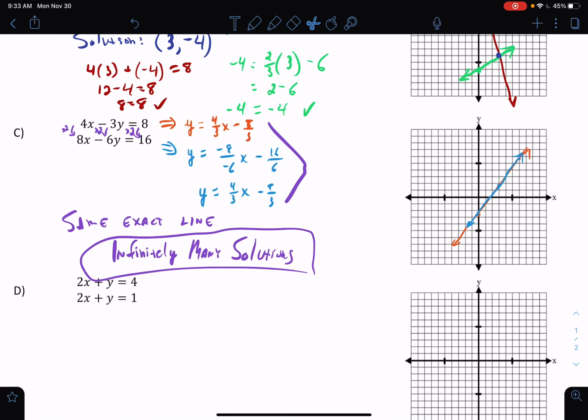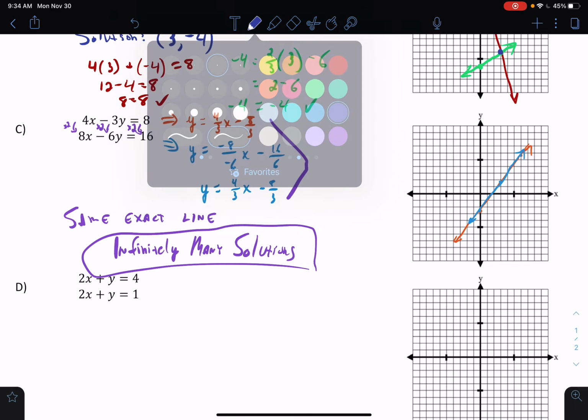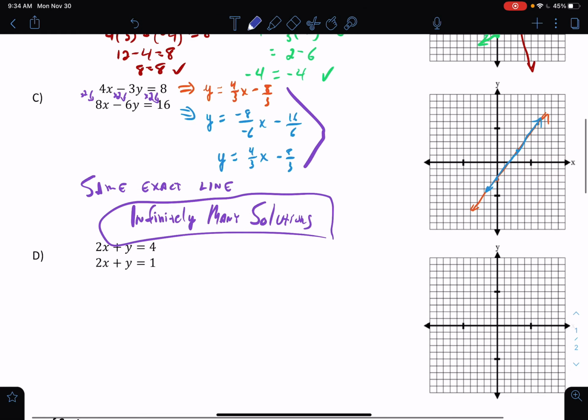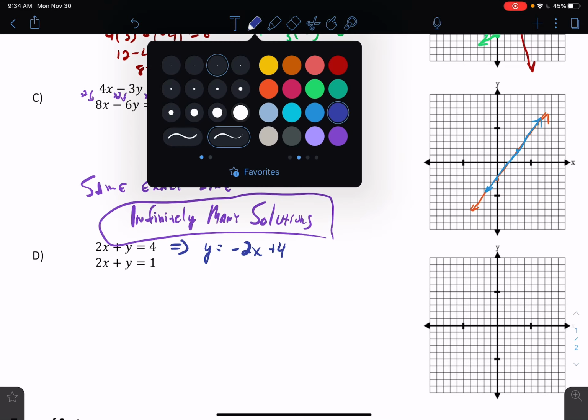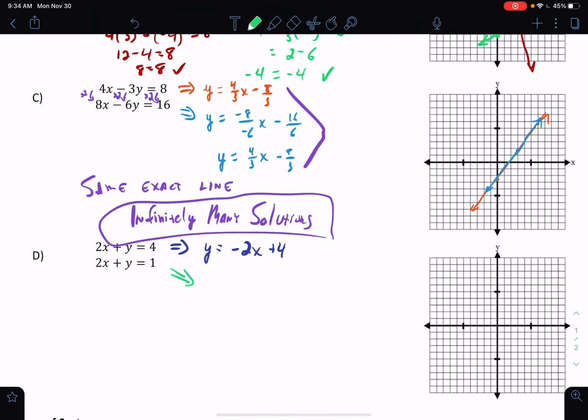What about in part D? We got 2x plus y equals 4. If I get this into slope-intercept form, I get y equals -2x plus 4. What about my second equation? I get y equals -2x plus 1.